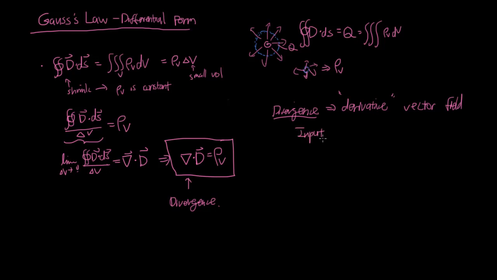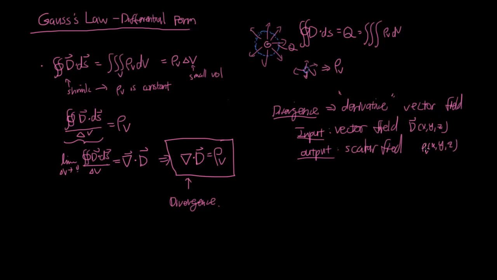One of the key features is that the input is a vector field. So again, it's not a vector, it's a vector field. It's a function where you put in a coordinate, a location, and it spits out a vector. And the output is going to be a scalar field. So you put in a location and it spits back a value.